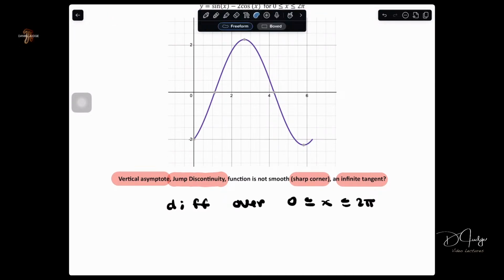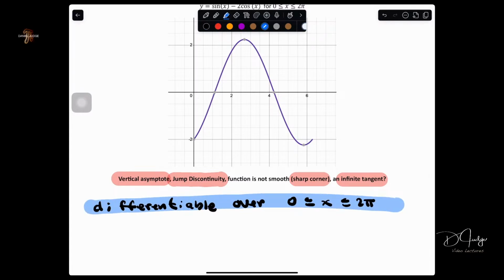Let's spell it out. So you're differentiable over the domain that this function is defined.